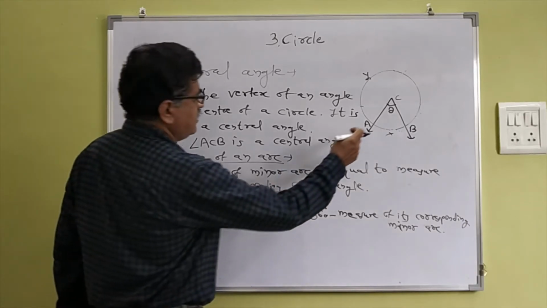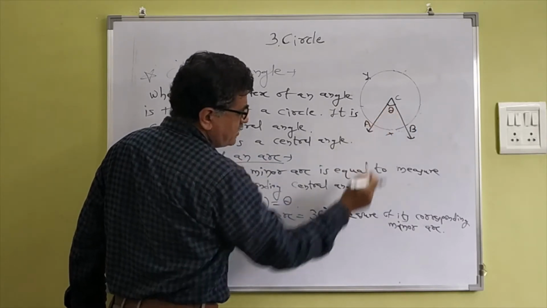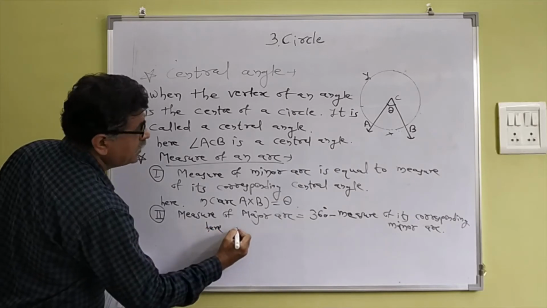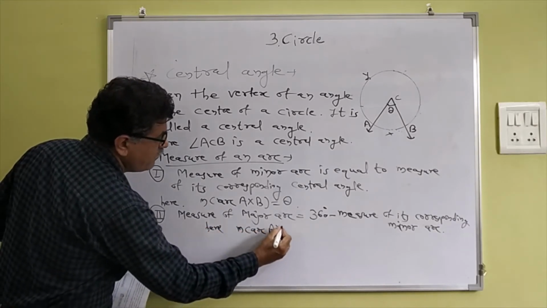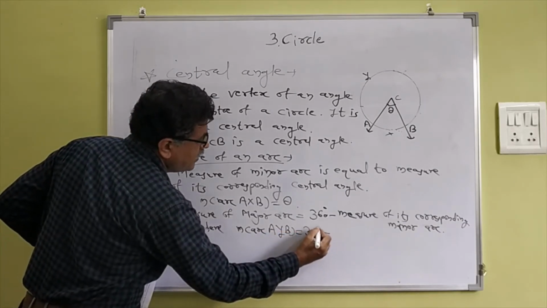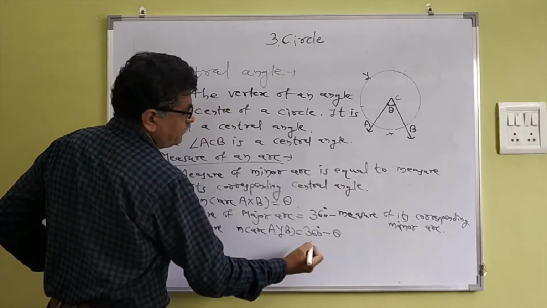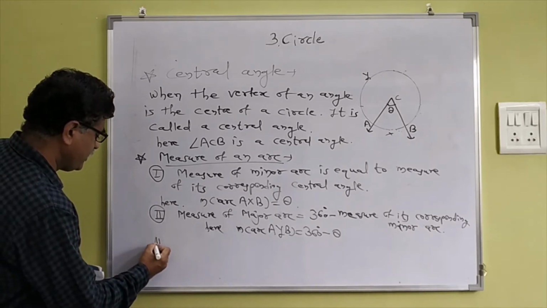Now in this figure, the measure of arc AYB is equal to 360 degrees minus theta.